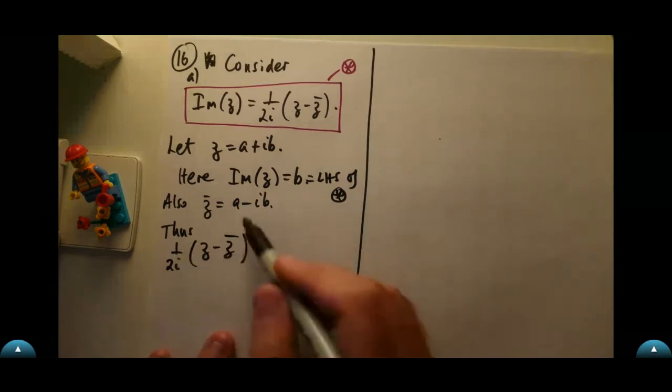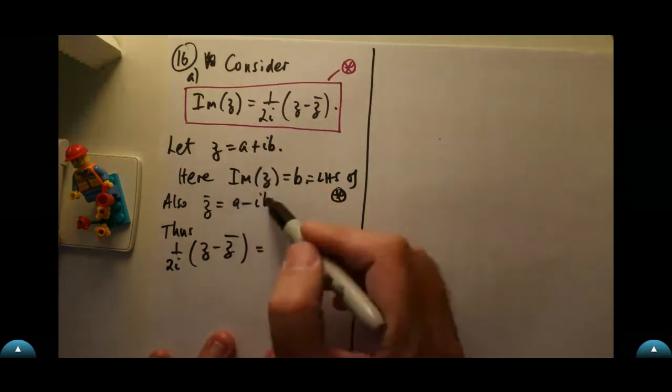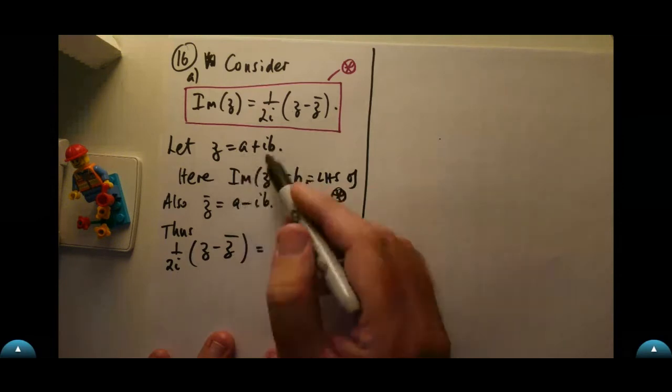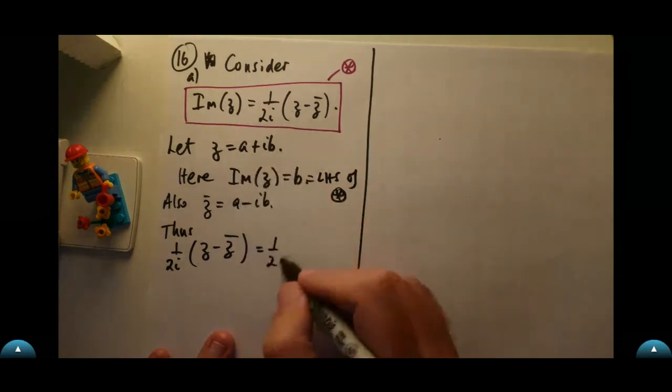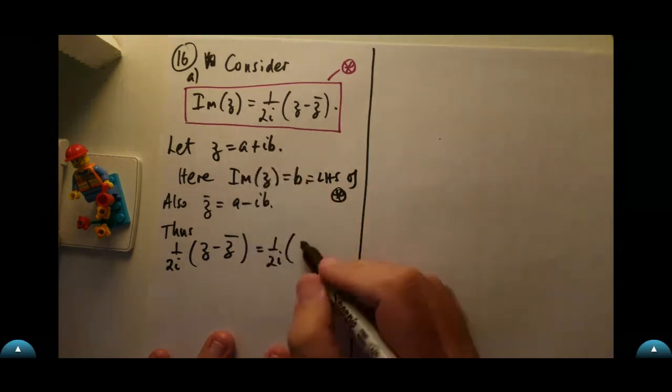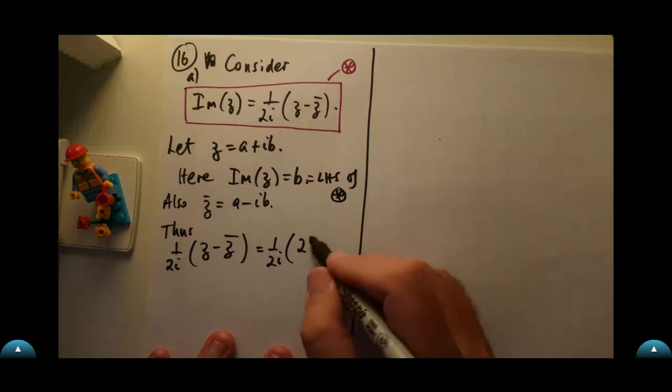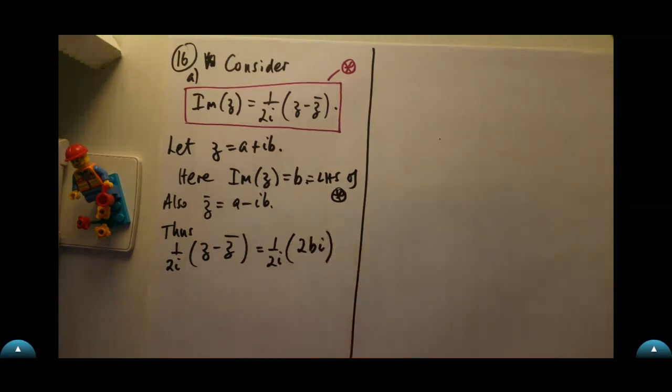Z minus z bar is going to be that minus that. The a's cancel, and you're going to get 2bi.